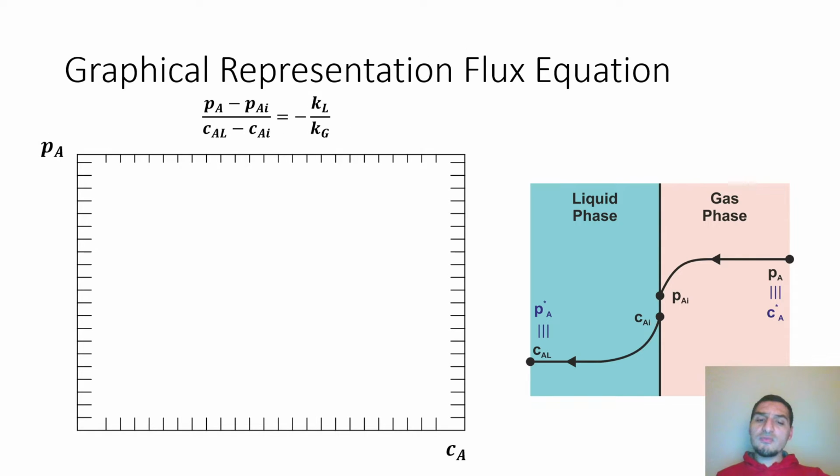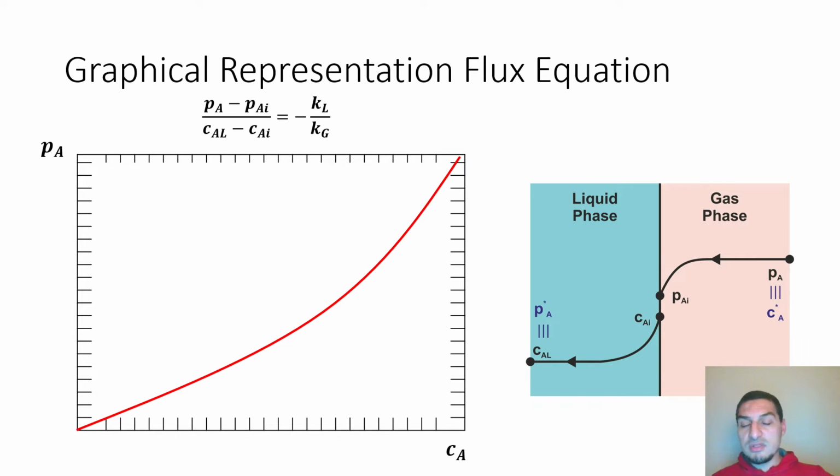So if we have a graph where the y-axis is the partial pressure, which is the numerator here, and concentration is on the x-axis, which is the denominator here, it's going to be a straight line that connects 2 points, PA and CAL, PA interface, CA interface, and the slope is negative KL over kg. This is what we should expect from this line.